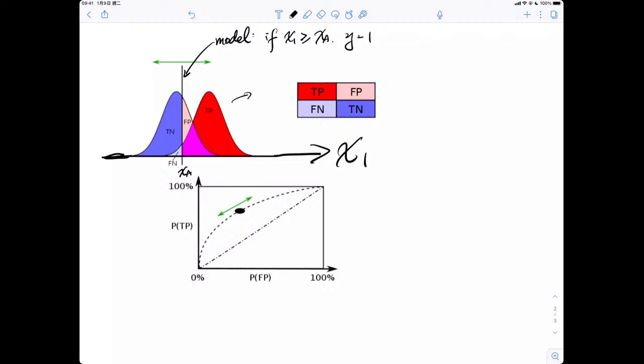At the right hand side y is plus 1, left hand side y is minus 1. We have a very simple classification, and this rule is really simple, depending on whether x1 is larger or smaller than xa.